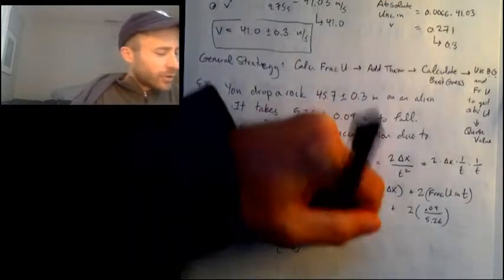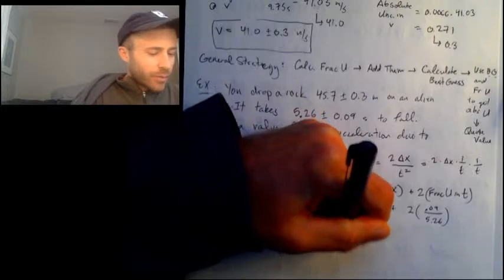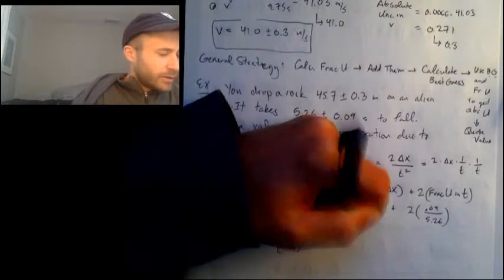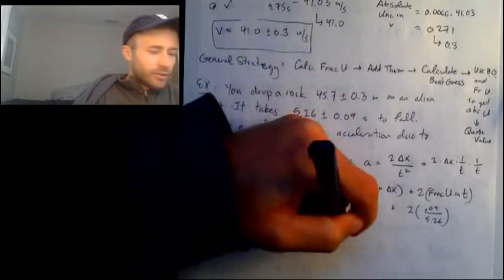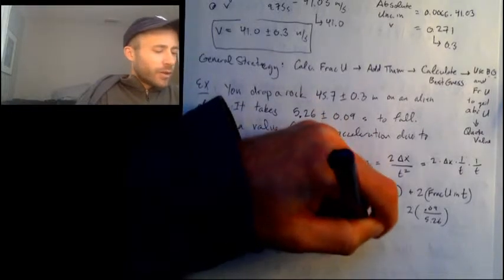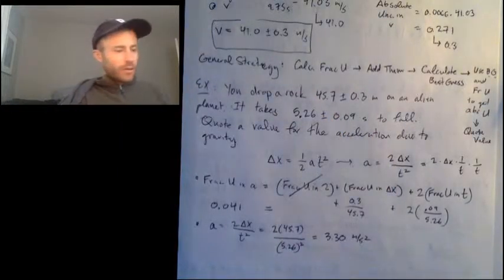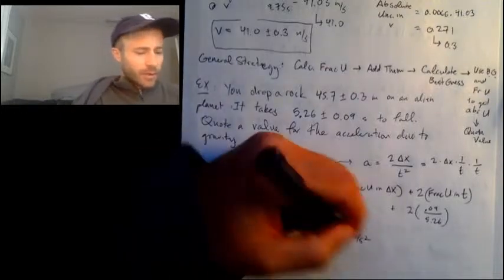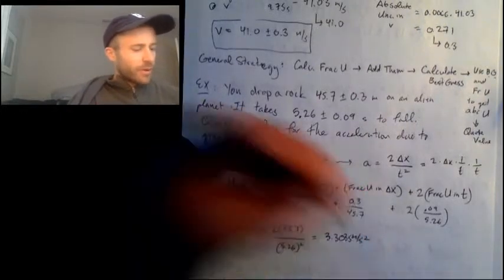And this gives an acceleration due to gravity of 3.30 meters per second squared. And I'll write it as 3.3035.